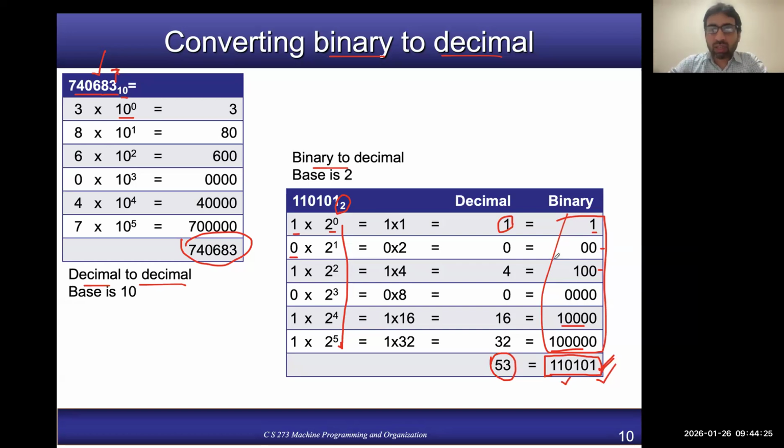But I would not prefer this approach, where you first get the binary form of each product individually and then sum the binary numbers, because to me it is more cumbersome. I can directly use repeated division to convert.